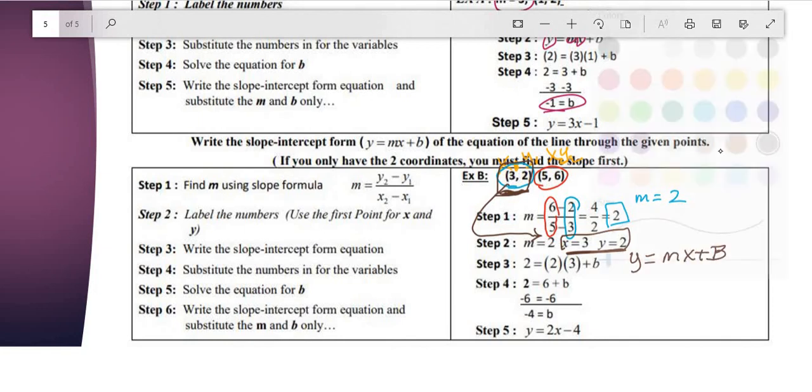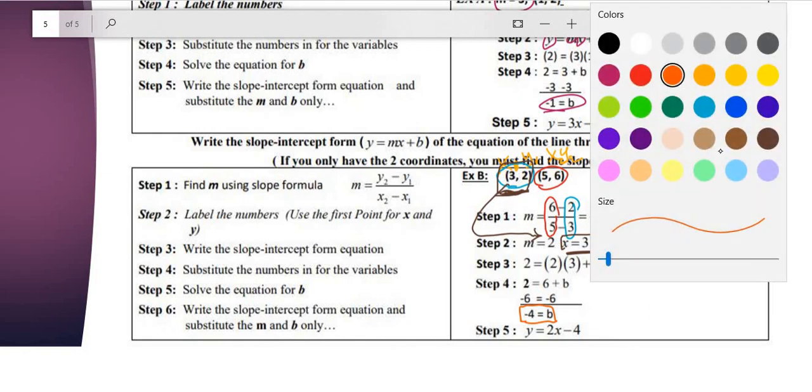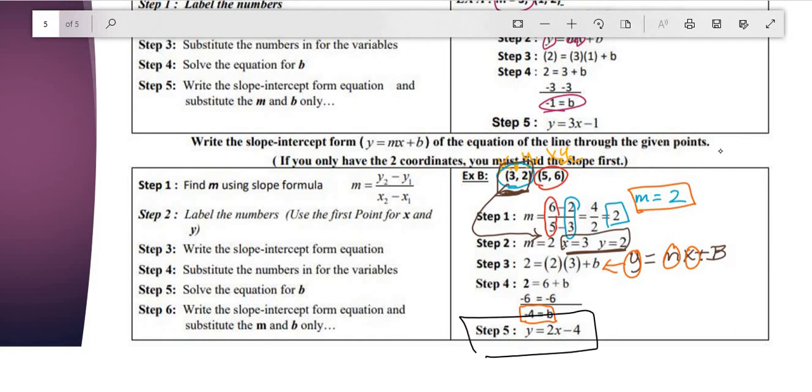I'm going to substitute in my y, m, and x right here. Work it out and solve it, and my b is negative 4. Now, once I have my slope and my b, I write it in slope-intercept form, and this right here is your final answer. If you have any questions, just let me know.